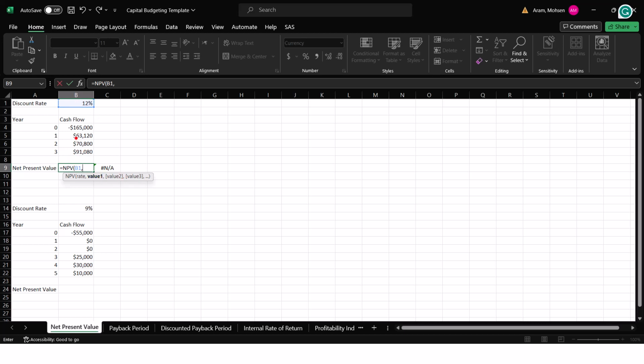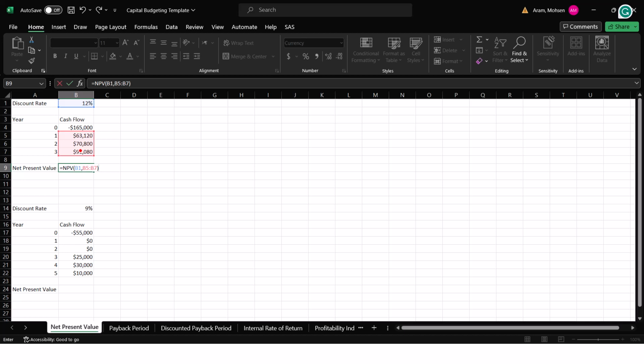So we're going to use only the future cash flows of the project and close the parentheses. The reason that we don't enter the cash flow 0 is that Excel assumes that these cash flows happen at the end of each period, but 165,000 is today, it's the beginning of the period. So because of that, we can't really include the cash flow at time 0 in the formula.